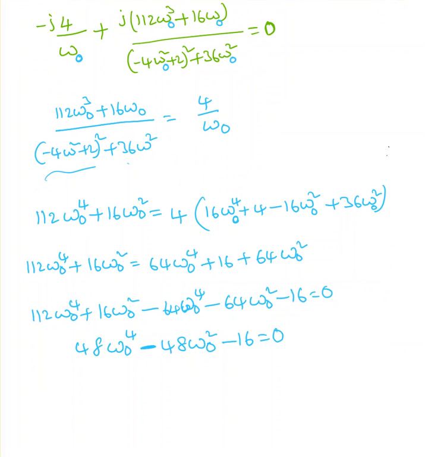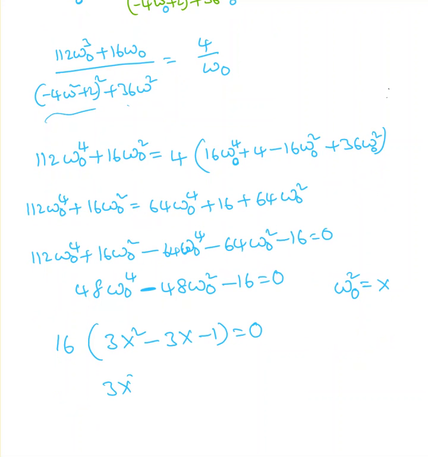Okay, what I'm going to do, I'm going to pull out the 16 here, and let me put omega naught square equal to some x. So if I pull the 16 out, it's going to be 3 times x square minus 3 times x minus 1 equal to 0.